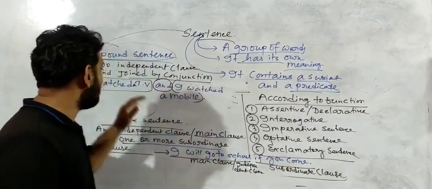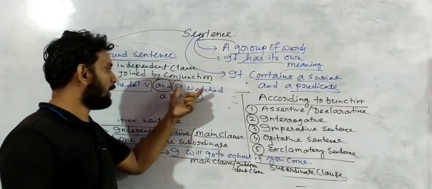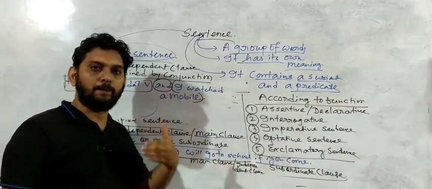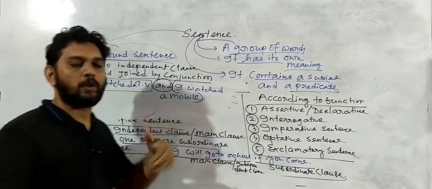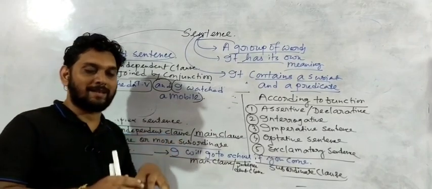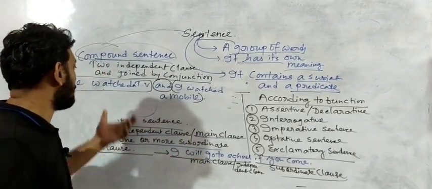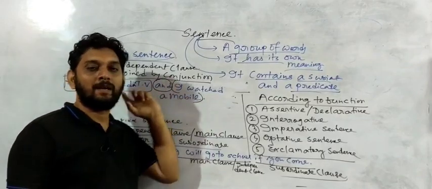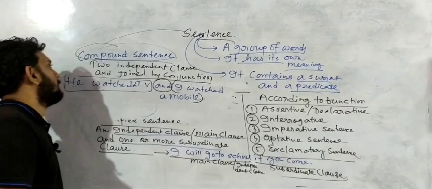But in this case, I watched a mobile completely expresses its own meaning, and similarly he watched a TV also expresses its own meaning. Both sentences don't depend on each other. Because of this, we call them independent clauses, and both are connected by the conjunction and. Very good.